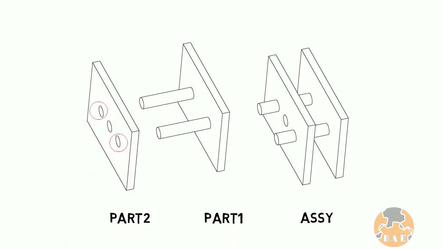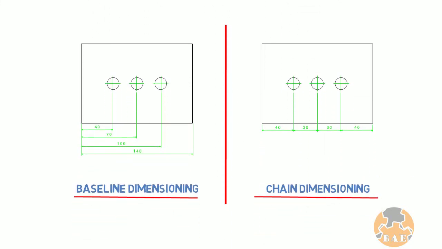We have seen both of these holes are needed for our assembly, and in baseline dimensioning we haven't given any dimension in between both of these holes, so they may create problems while assembling the parts. In case of chain dimensioning, if a single dimension is wrong, it may affect all successive dimensions.